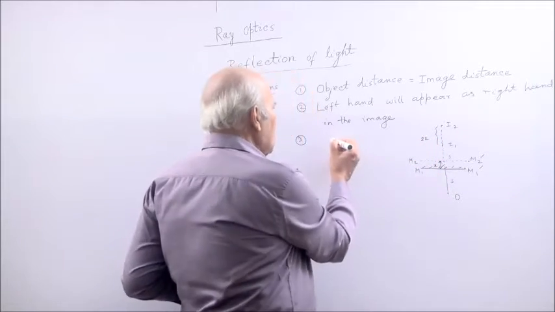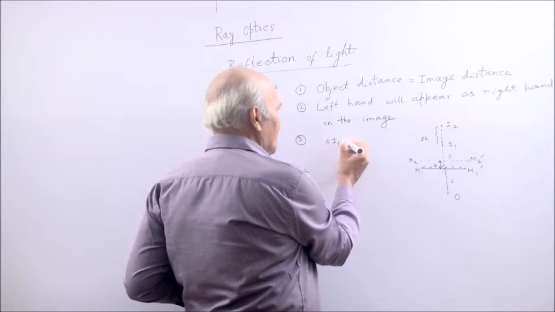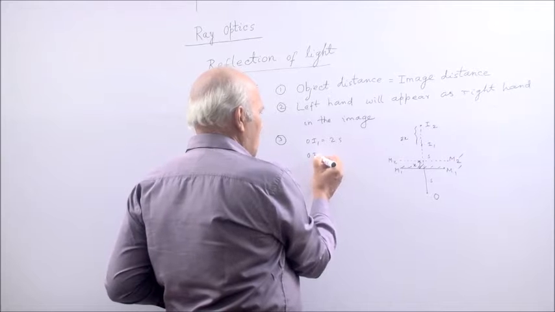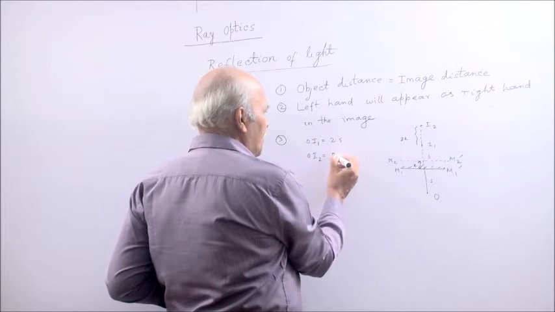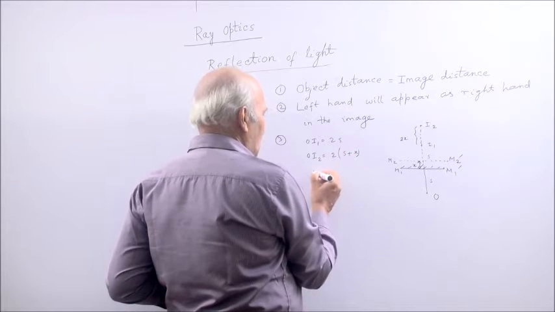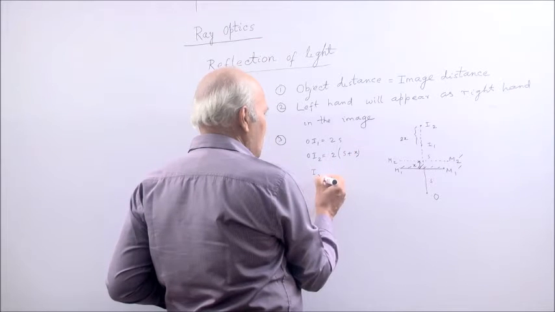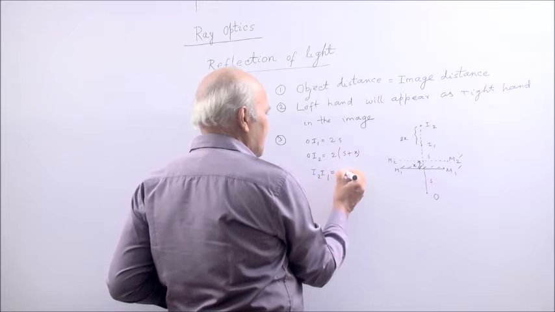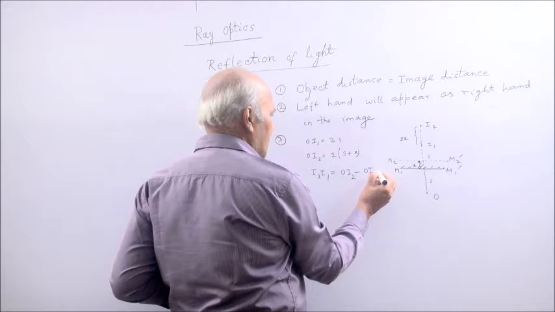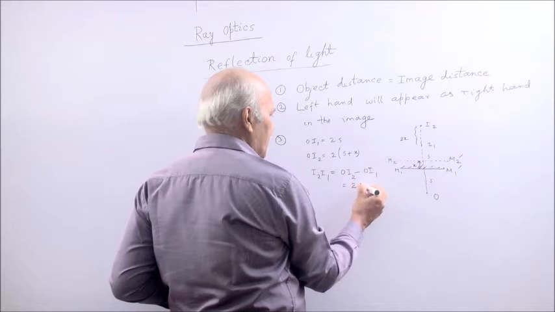So OI1 will be 2s and OI2 will be 2 times of s plus x. So I2I1 is equal to OI2 minus OI1, that is 2x.